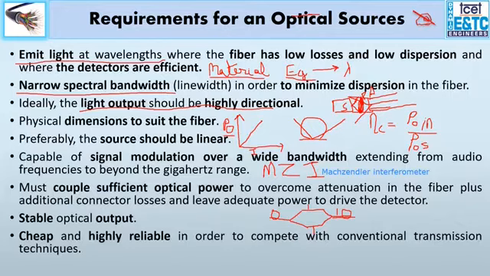They are fabricated on your system and help us couple the maximum power into our fiber. It should give a stable output irrespective of the environmental condition. The output should not vary. It should be cheap and highly reliable.